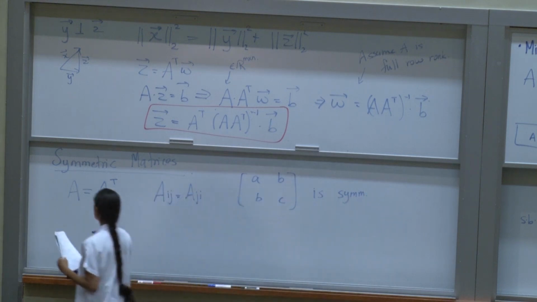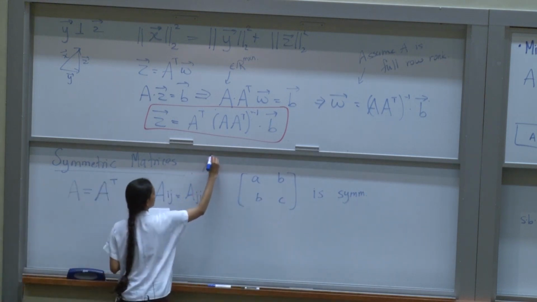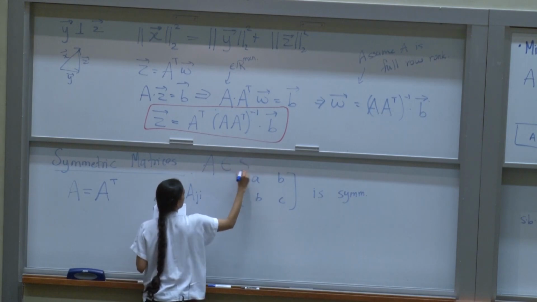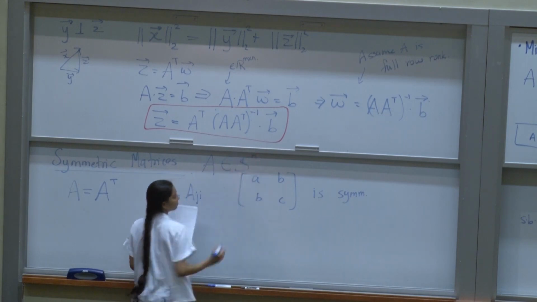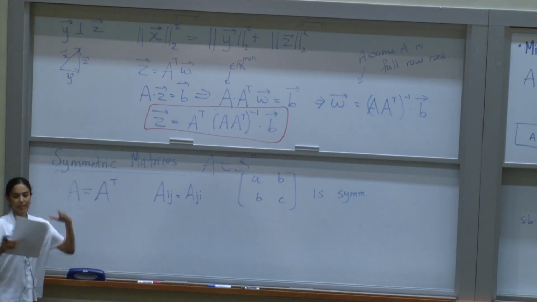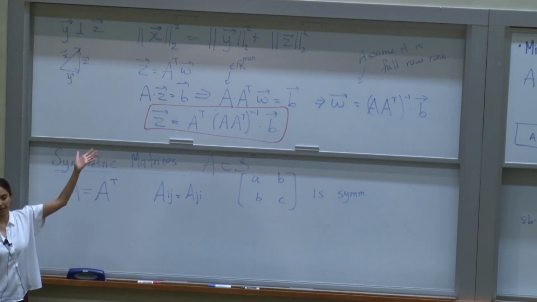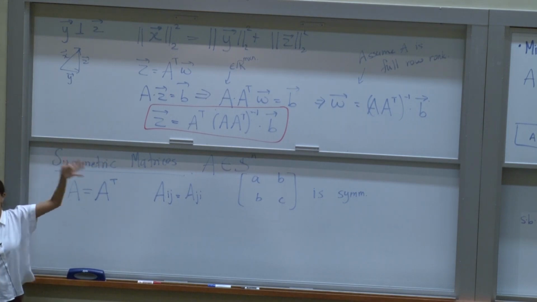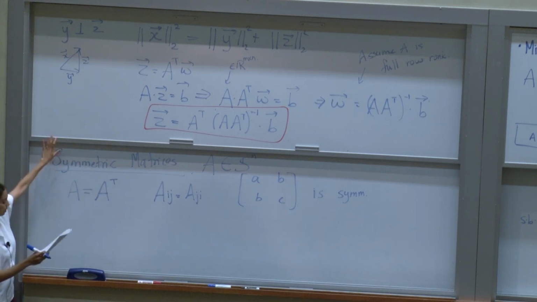We will write this often as A belongs to S^n. So just like we say A belongs to R^(n by n), S^n is the set of all n by n symmetric matrices. Symmetric matrices are going to be square, right?